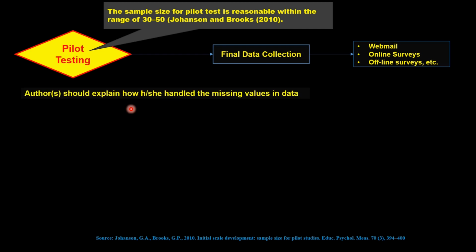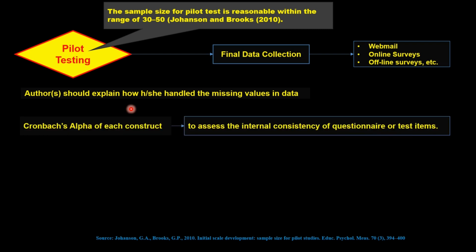The author should also explain how he or she handled the missing values in the data. After the final data collection, Cronbach's alpha is measured to assess the internal consistency of the questionnaire or test items of the final survey.